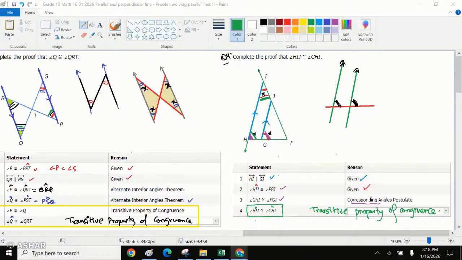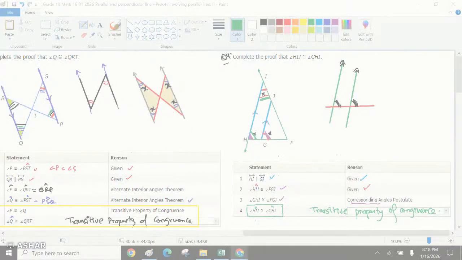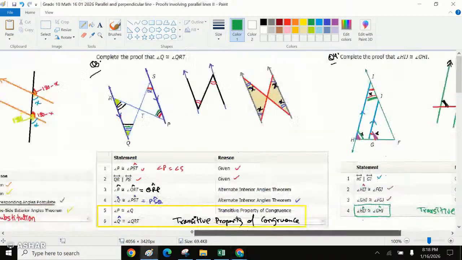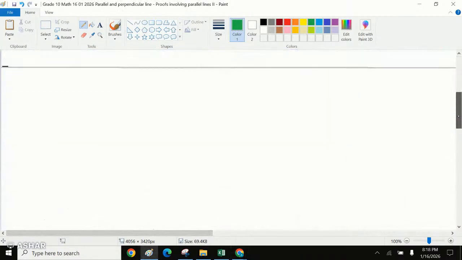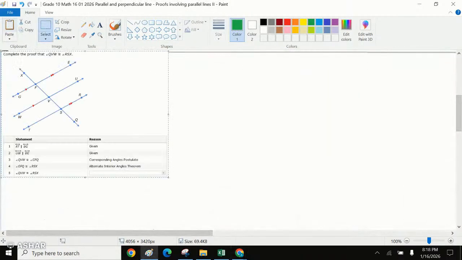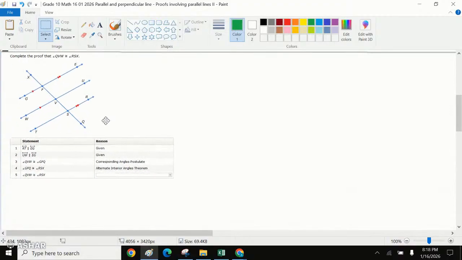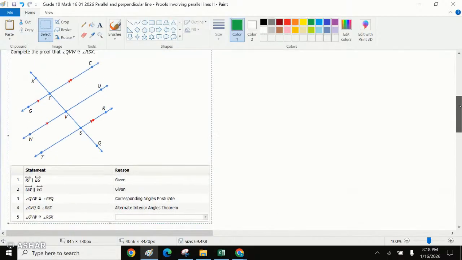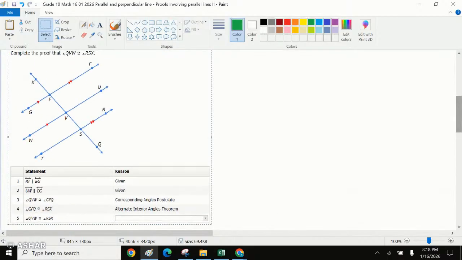Okay. Moving ahead to the next question, question number 5. Let me just copy this. For the next question, I'll draw it down there. The question number 5 says, if these values are given to us, what they are saying is we have 3 pairs of parallel lines.